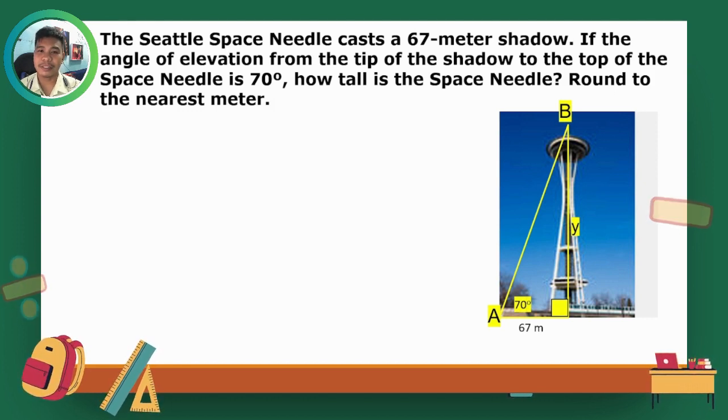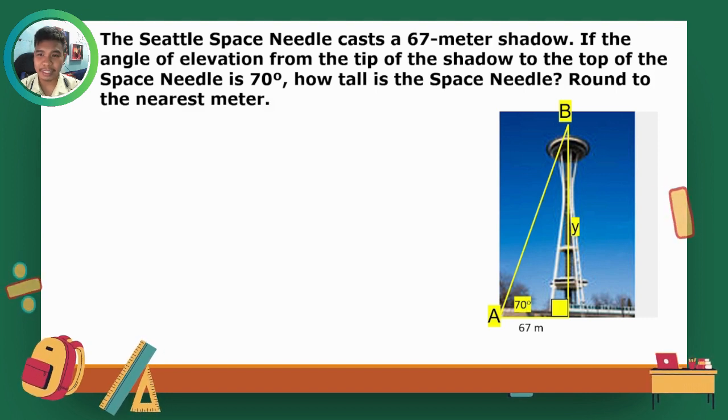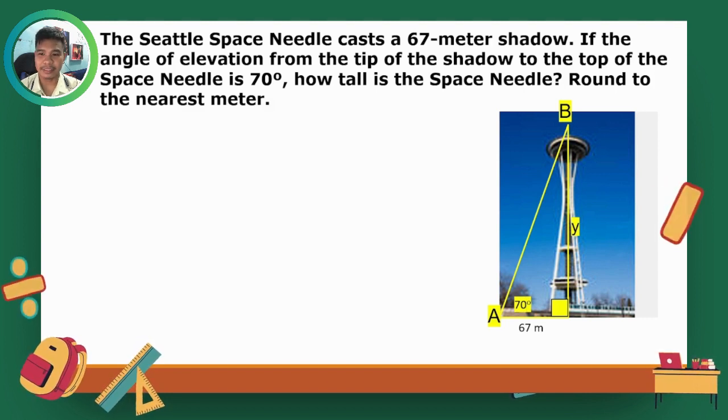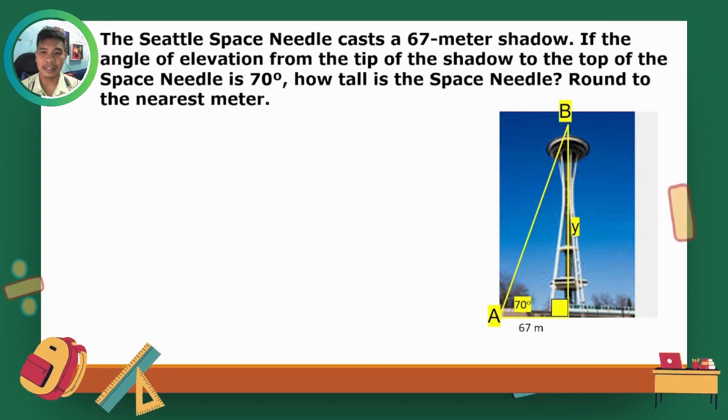So for this problem, we are looking for the height of the Space Needle. Since we consider the angle of elevation, which is 70 degrees, as our reference angle, the height of the Space Needle is considered as our opposite side. And the horizontal line or the line of sight here is considered as the adjacent side of angle A.